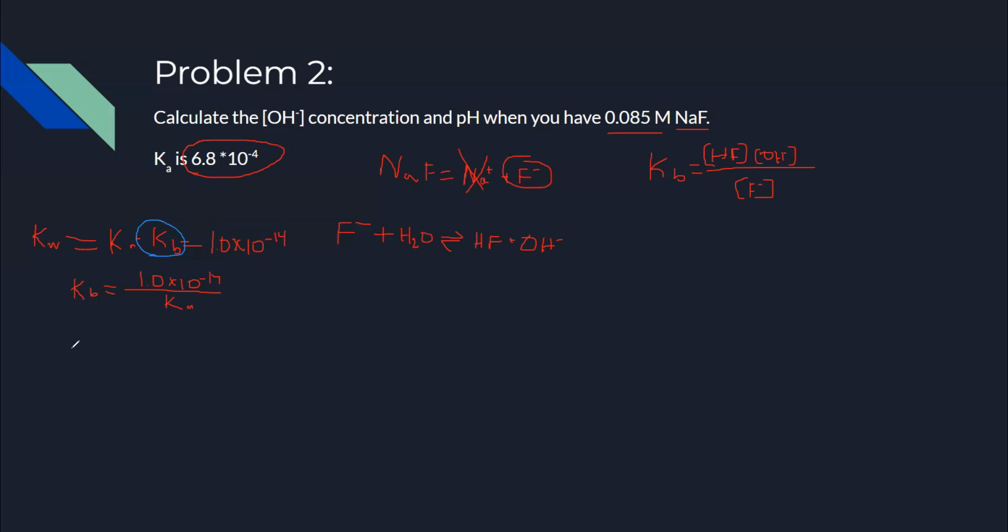So you have to divide 1.0 by 6.8. And Kb will equal 1.47 times 10 to the negative 11th.